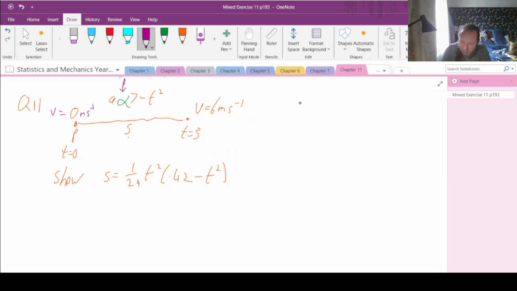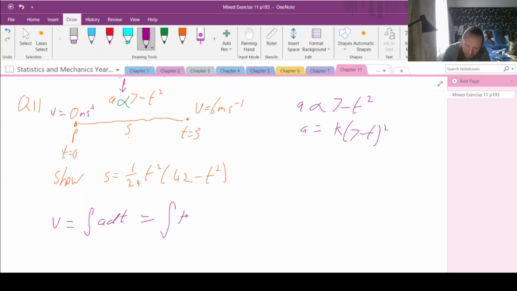So let's first look at this: acceleration is proportional to 7 minus t squared. If we want to show this, I think if we do the velocity equal to the integral of the acceleration, where acceleration equals k times 7 minus t squared.